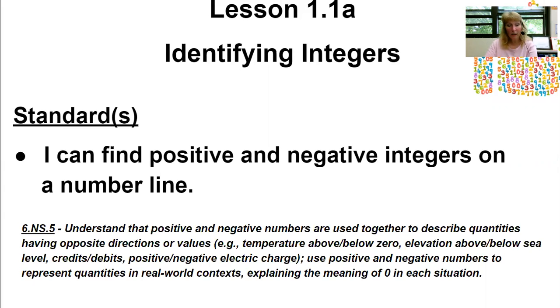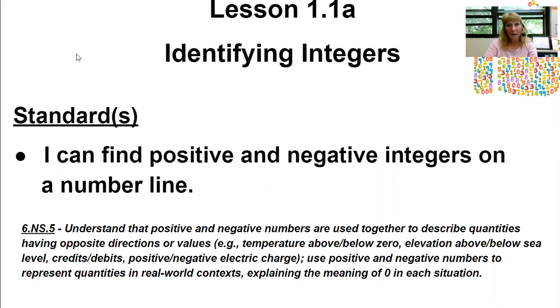NS5 is what we're working on, number systems number 5. Understand that positive and negative numbers are used together to describe quantities having opposite directions or values. For example, temperature above, below zero, elevation above, below sea level, credits, debits, positive, negative electric charge. Use positive and negative numbers to represent quantities in real world context, explaining the meaning of zero in each situation.